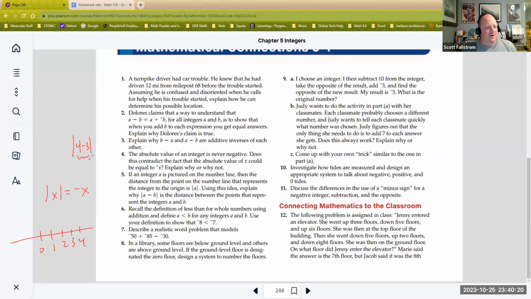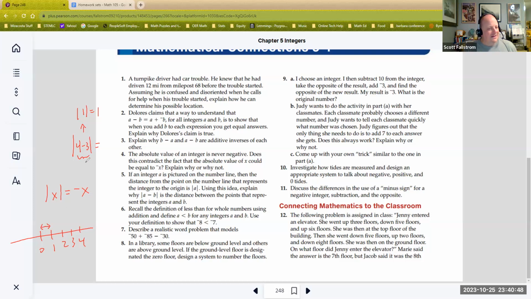Whatever this thing is, 4 minus 3, its distance to 0 would equal that value. If you go through and do the operations, you'd say the absolute value of 1, because it's this distance here.